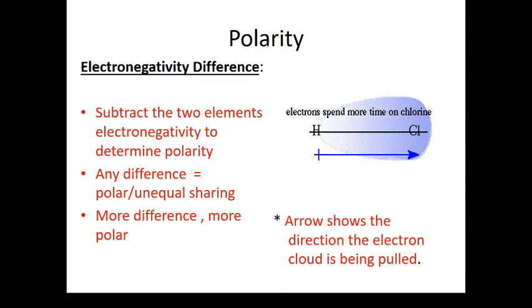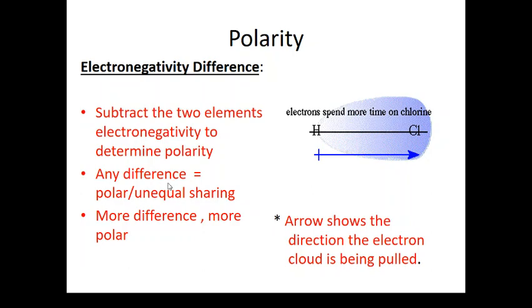When we look at polarity, in order to determine how polar something is, all we do is take the difference in electronegativity. Using table S, you can find the actual values of hydrogen and chlorine and subtract them from one another. When you subtract the two elements, the electronegativity difference is determined, and anything greater than 0 determines the overall polarity.